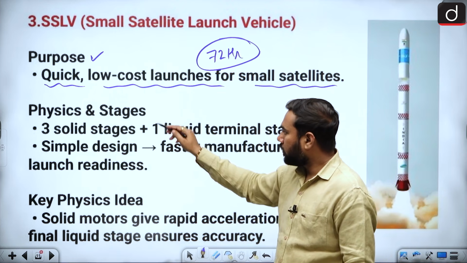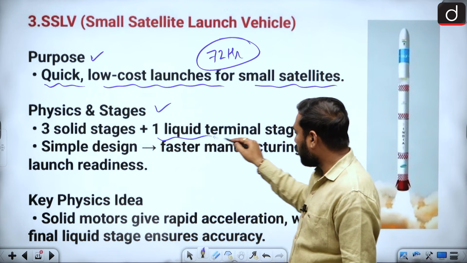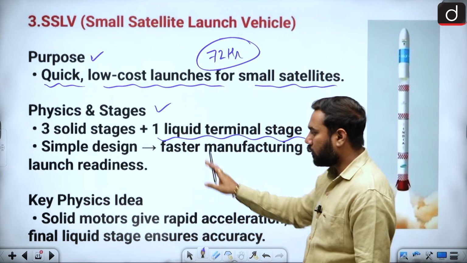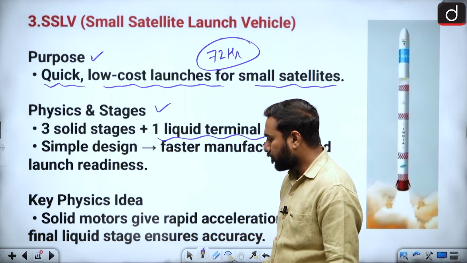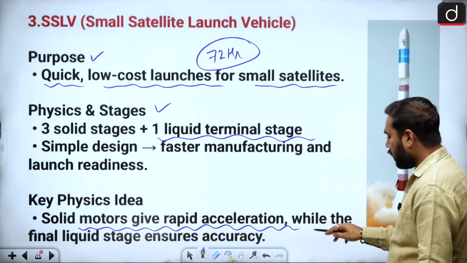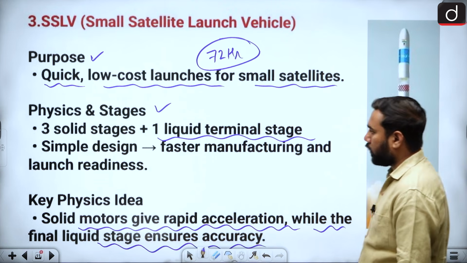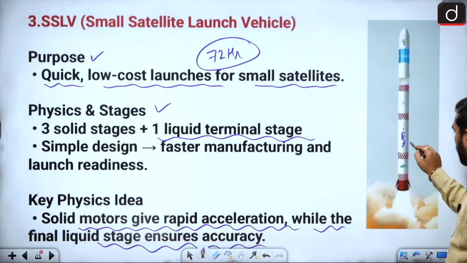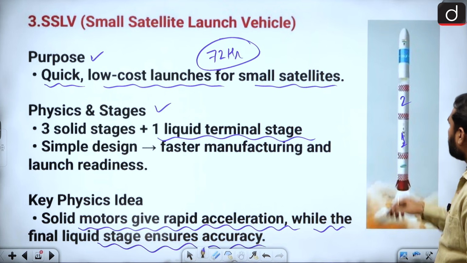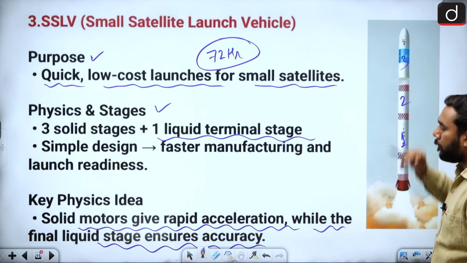And we made it low cost because it has 3 stages with 1 liquid terminal stage, and all the other things are filled by solid. So you can see solid motors give rapid acceleration, while the final liquid stage ensures accuracy. So in the first stage solid, in the second stage solid, but in the third stage we filled liquid to balance the path.